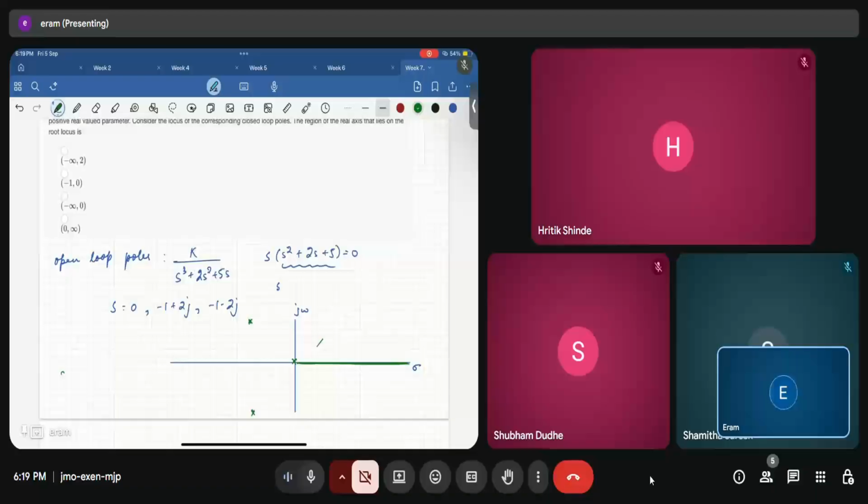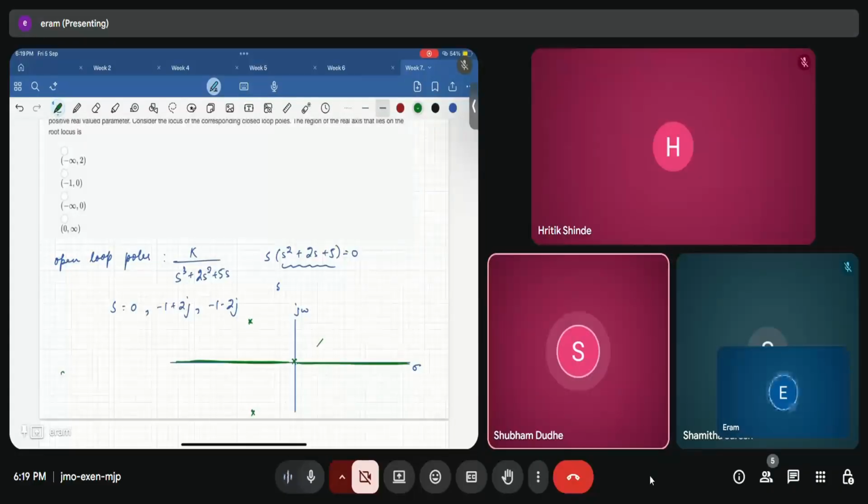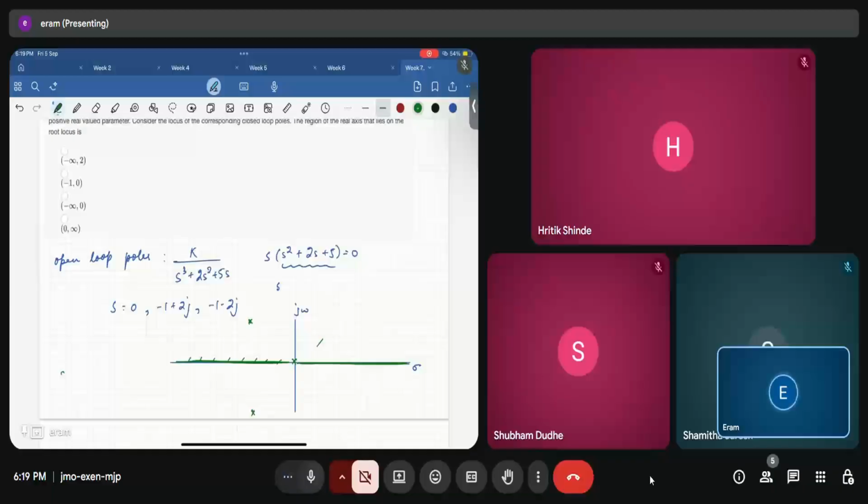And what about this other part? We see that we have an odd number, 1, of open loop poles and zeros, right? So this part is not going to lie on the root locus because we have encountered an odd number of poles to the right of it. So the part that will lie on the root locus is this part, which is 0 to infinity.